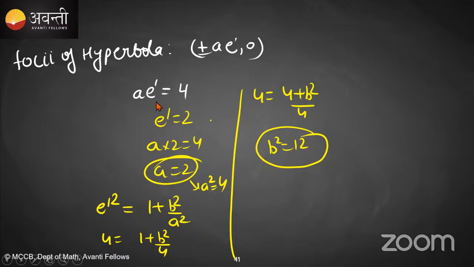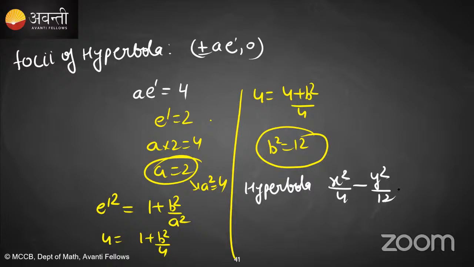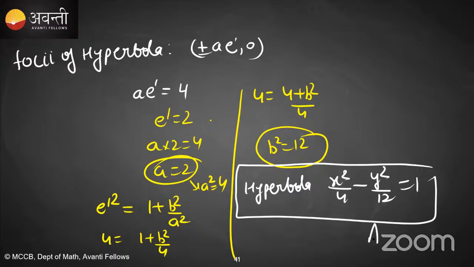So a into 2 should be 4. Since the eccentricity and a are known, we can get b also. So b square is 12. So the hyperbola is x square upon a square minus y square upon b square equal to 1.